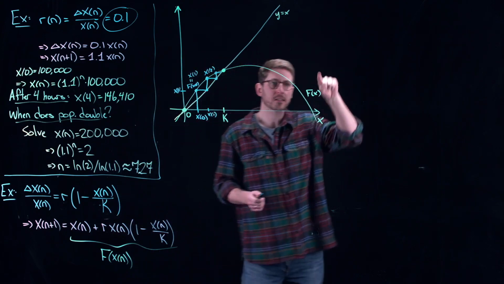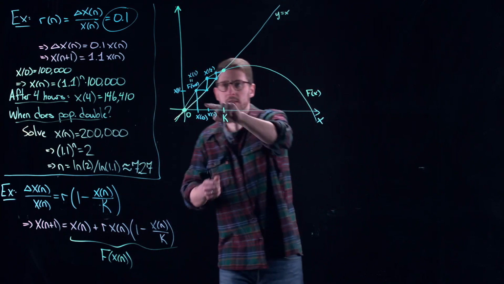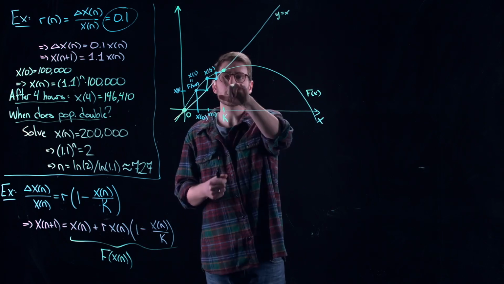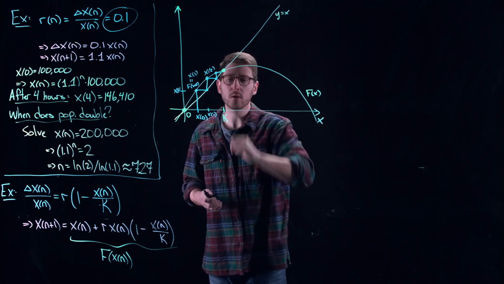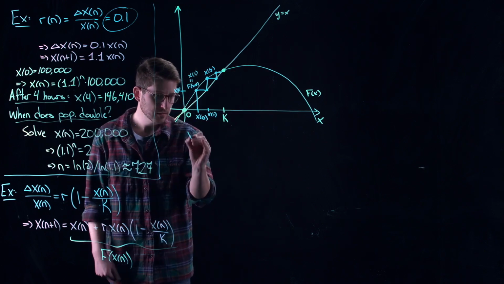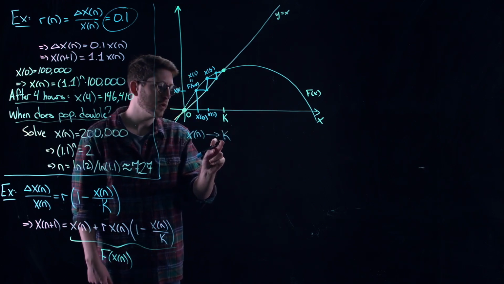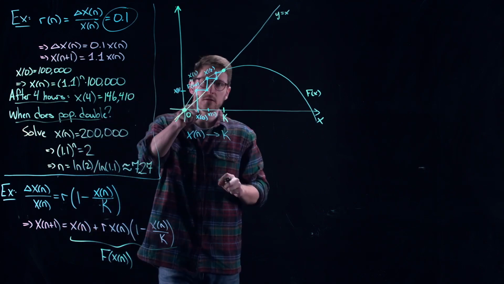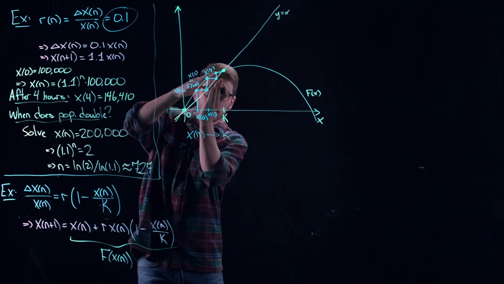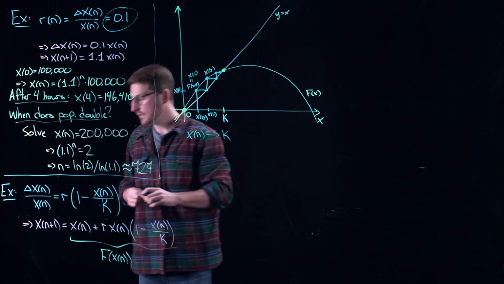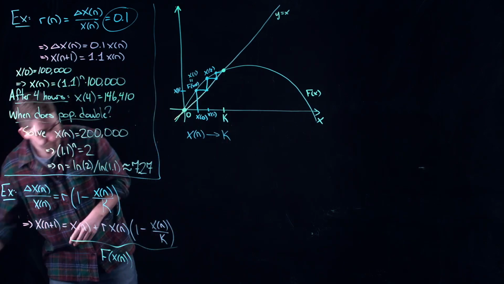And what you're going to get is a little tic-tac-toe. In this case, you can see that you are pushing yourself into the equilibrium point. Here, xn is converging to the equilibrium point k, right? So you're sort of wedging yourself into this little tiny space in here.